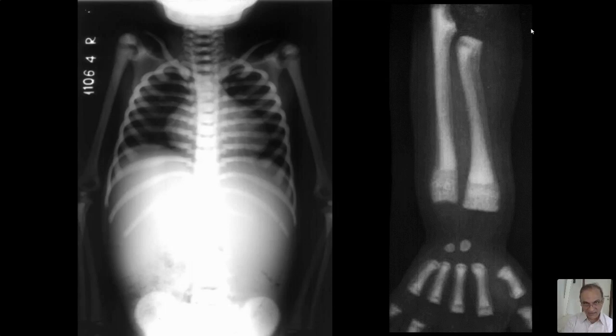Osteopetrosis is bad because the patients are severely anemic and they have all counts haywire in the blood. But more importantly, in the skull, all the foramina become narrow. They are not resorbed, so they don't achieve their normal diameter. So when the optic foramen remains narrow, the patients can go blind.